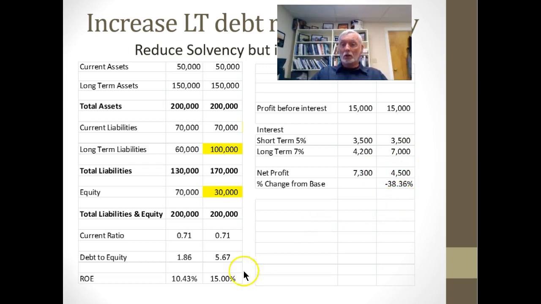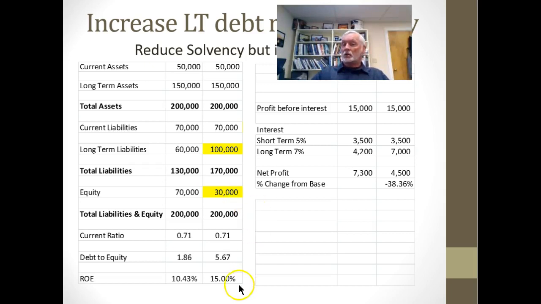However, look at what happens to return on equity. Profit's down, but my stockholders are doing great. Instead of earning 10.4% on the money they have invested here, they're now earning 15% on the money they have invested. So they're probably pretty happy. In fact, that profit went down, profit per share went up.